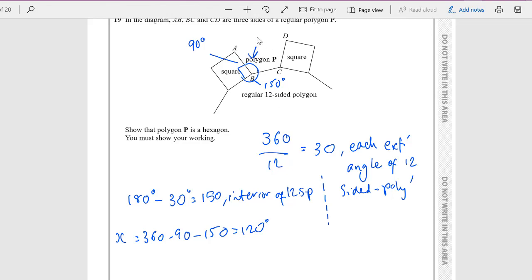So that's going to be 120. So the interior angle of P is 120.